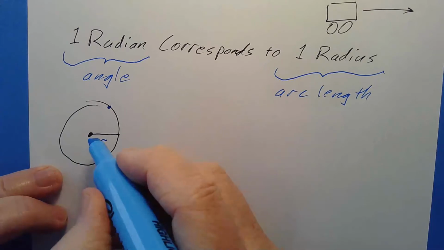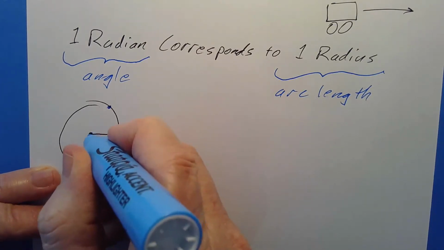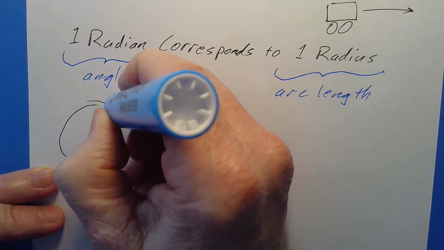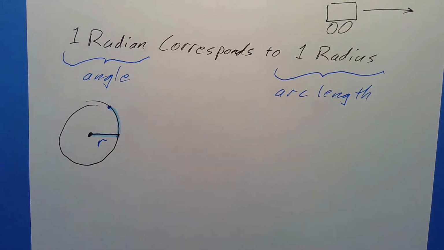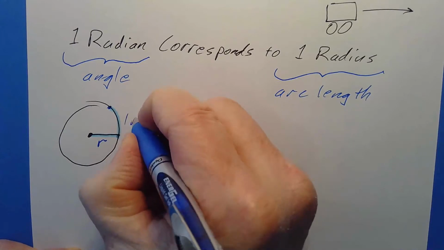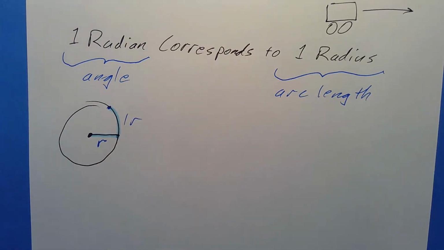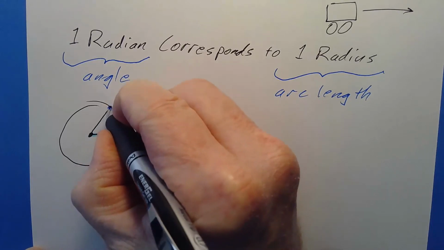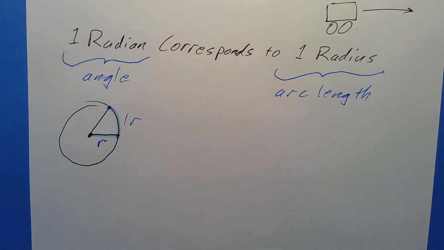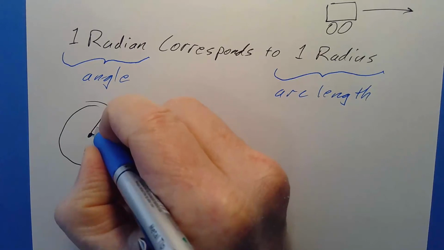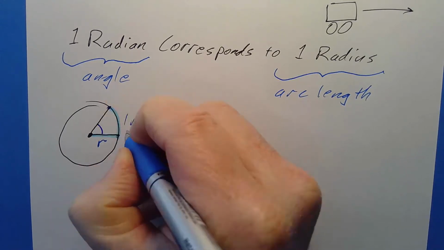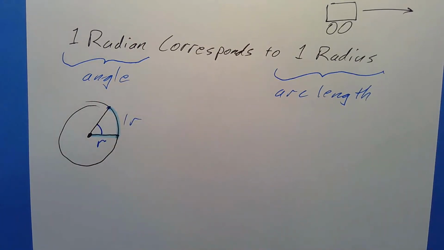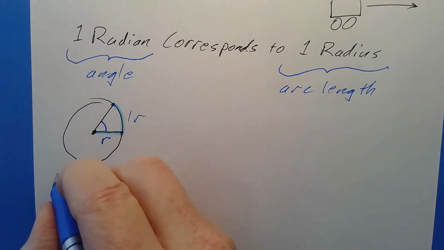So this distance here, if I curve that around my circle, that's also 1r. That is 1r. That defines what a radian is, okay? So this angle right here that we just drew, that on a circle is 1 radius around, that's considered 1 radian.